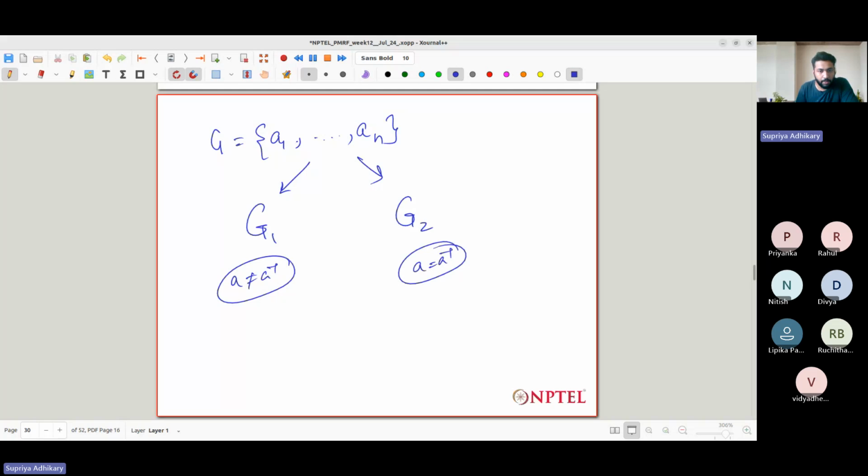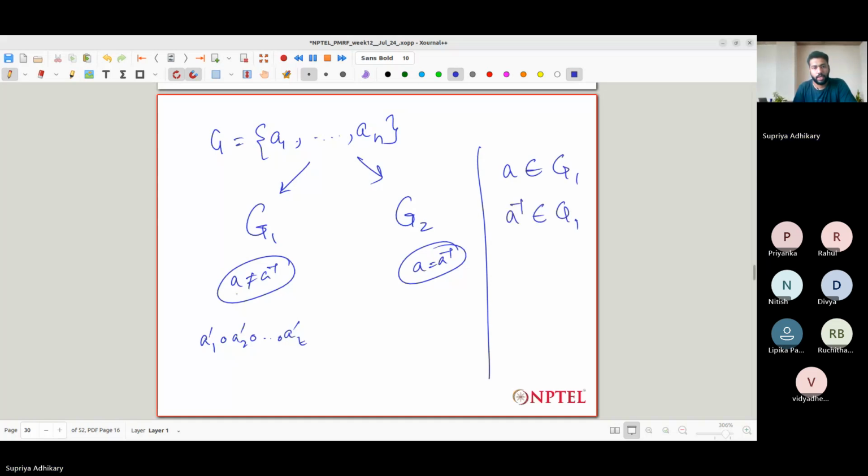Now, if we multiply all the elements in G1, say A1 dash, A2 dash, up to AT dash, then each element would have its inverse element. If A belongs to G1, then the claim is that A inverse also belongs to G1. Why?